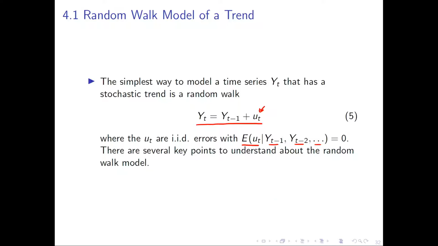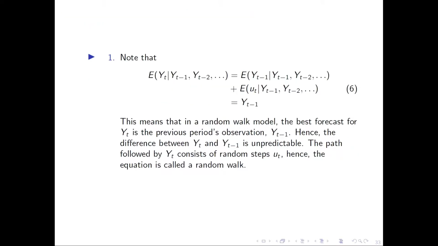And this random walk model can actually teach us about stochastic trends. So we can see several key points, and we can look at the expectation of y. Before we look at the expectation, we can look at that yt is equal to yt minus 1 plus the error term, right?